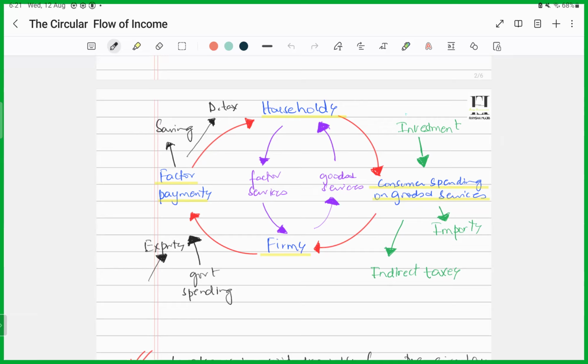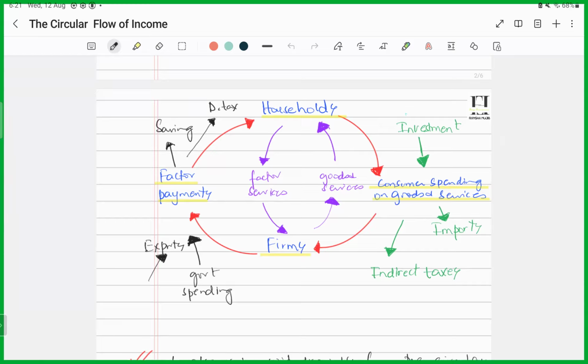You see, this is a four-sector model. Now, once we are talking about an economy that participates in international trade, it would be exporting, it would be importing, right? So this means we are not only talking about income or expenditure that is being generated by way of domestic output, rather we are also talking about spending on imports, right? And earning on exports.